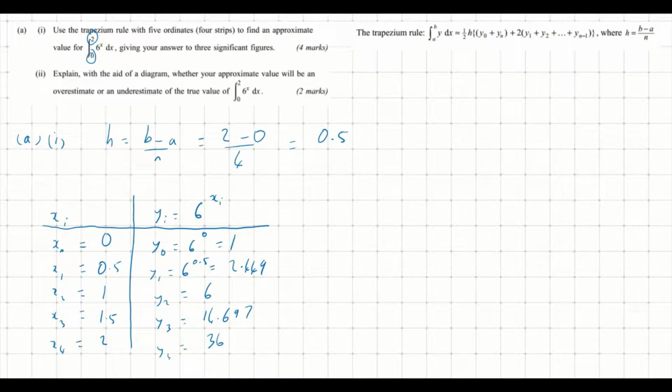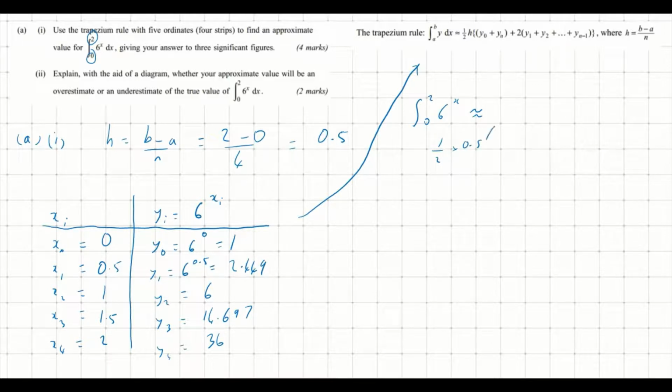So now I've worked out all my y values, and I just have to plug these numbers into my Trapezium Rule at the top. So let's plug the numbers in. The integral from 0 to 2 of 6 to the x is approximately equal to half of h, so h is 0.5.